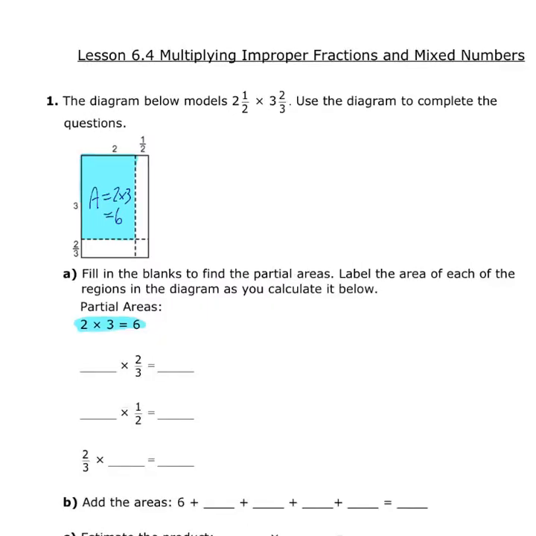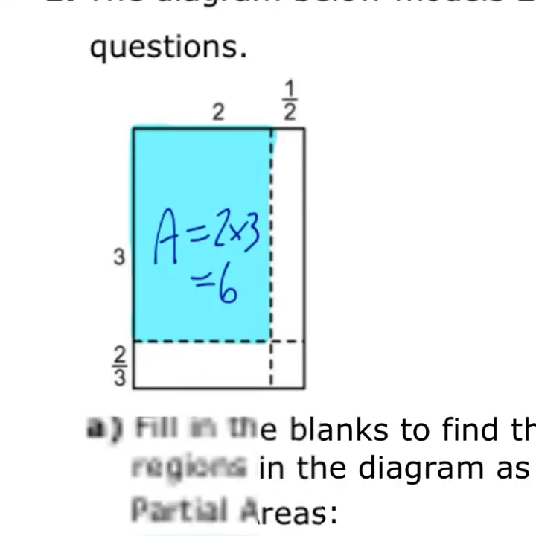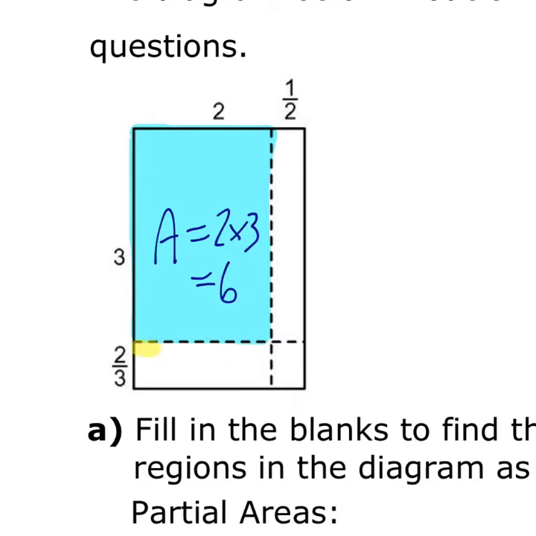Now the next one we'd like to look at is something times 2/3. So to look at this one here, the something times 2/3, and you can probably figure out that that something is 2 times 2/3.